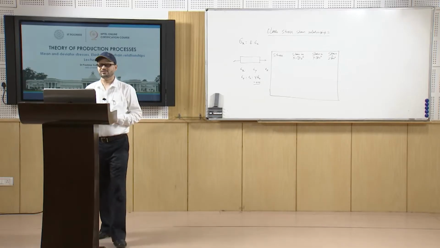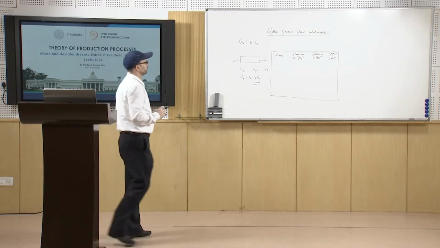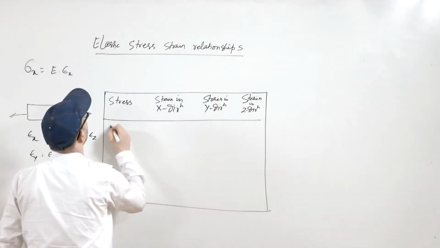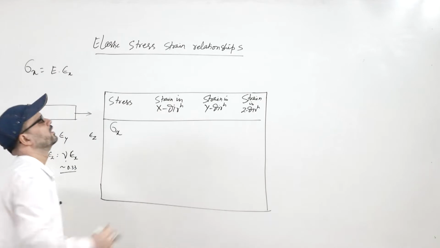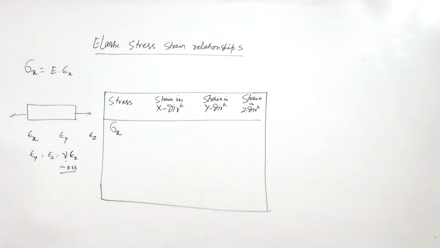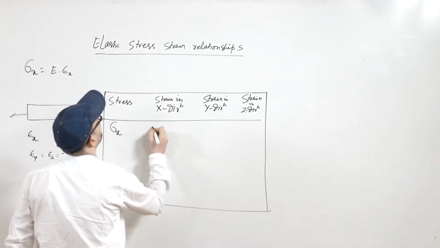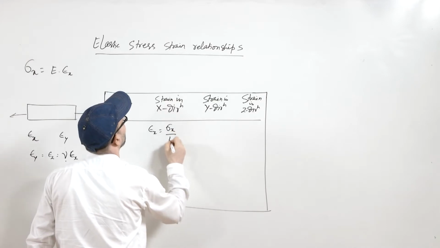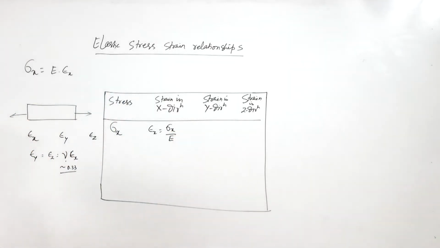So, once you have a stress as sigma x, this will produce a strain that is epsilon x, and this epsilon x will be sigma x by E, that is what we get.